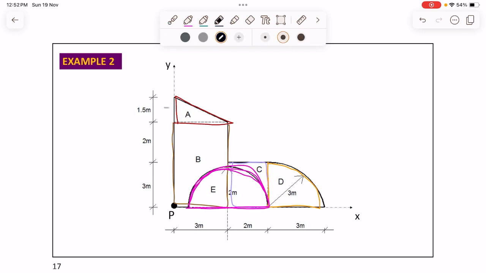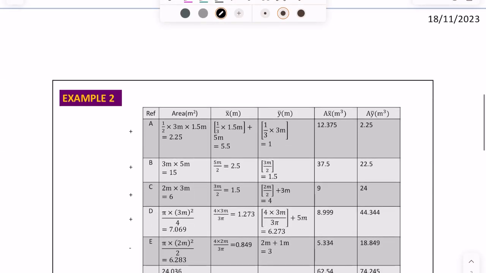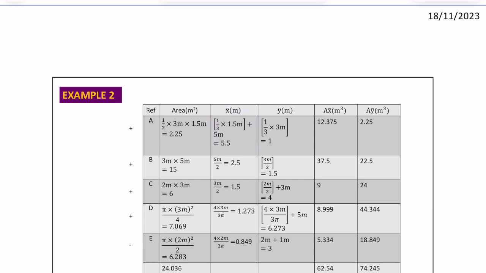From the formula we learned for a triangle, this is a right triangle. So it should be 1/3 times H. So 1/3 times 1.5. And to get to the x-axis, you have to add another 5 meter here. Therefore, you get the value as shown in the table.